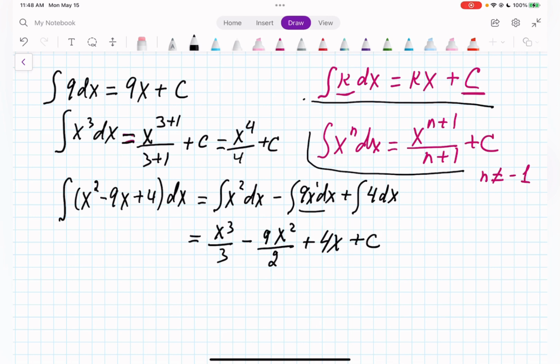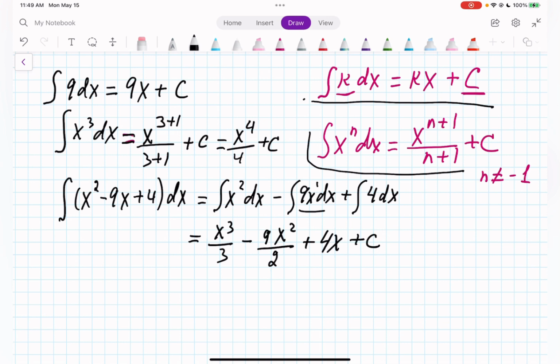And at the end, we are adding C, constant. How many constants? This C shows a cumulative constant. There can be several constants, for every single one: x cubed divided by 3 plus C, 9x squared divided by 2 plus C, 4x plus C. So we just take out plus C altogether. How many there are doesn't matter.